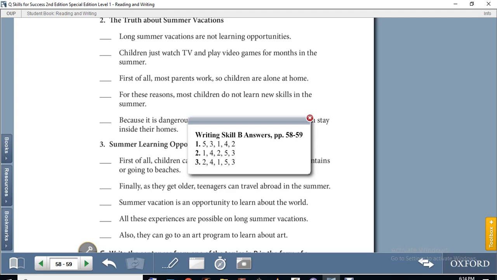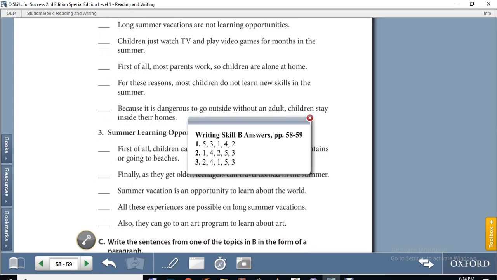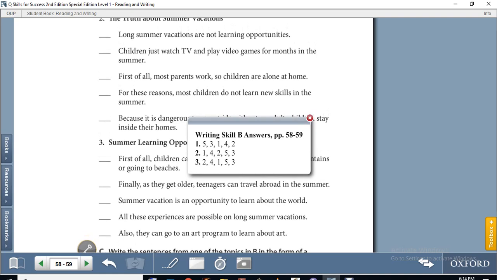And this is number 3. "Because it is dangerous to go outside without an adult, children stay inside their homes." This is number 4. "Children just watch TV and play video games for months in the summer." And finally, this is number 5, the concluding sentence. "For these reasons, most children do not learn new skills in the summer."